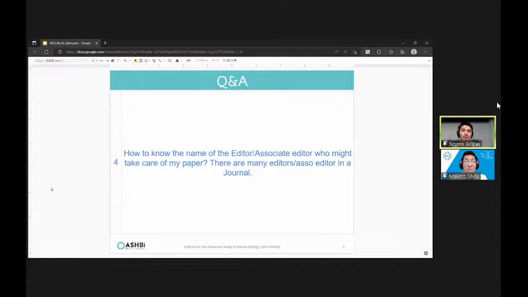If it's the initial submission, then it's done more blindly. And actually it's irrelevant who the editor is, because if it's a rejection, you'll hear from whom it is from. They would write their name in their rejection letter.